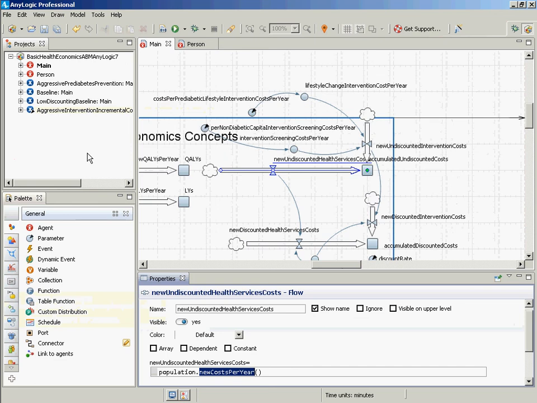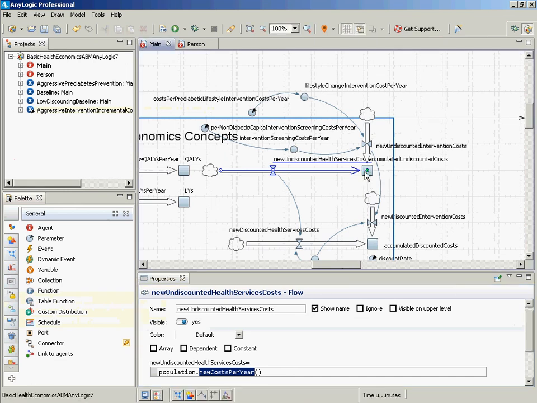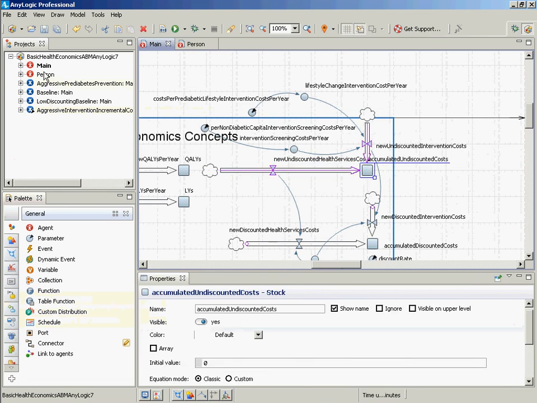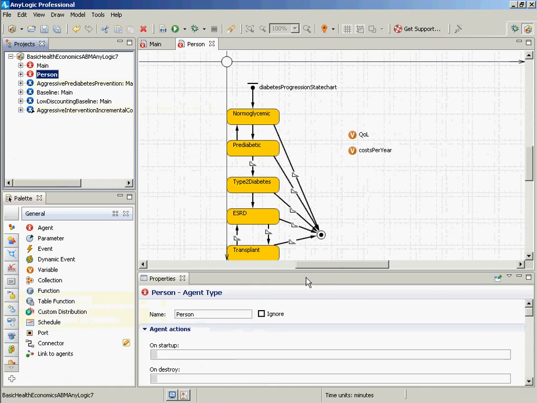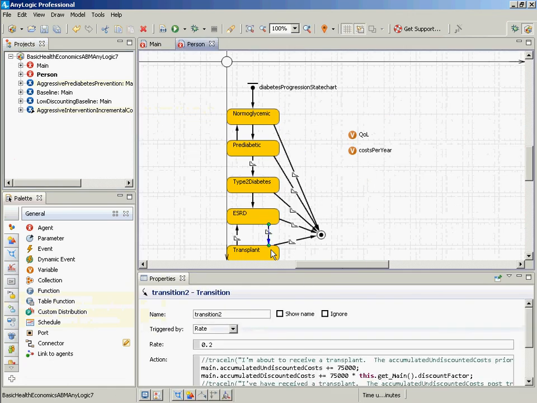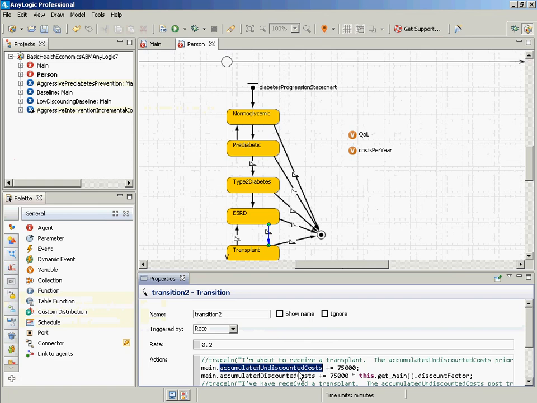And then the other element of how this model is changed is we have over here a stock, accumulated undiscounted costs, and that's not only affected by those costs per year, it's integrated up over time. It's affected in a direct way by incrementing it when an event takes place. A conceptually, essentially instantaneous event, as it's treated here, like a transplant, directly increments that cost because it's not a per year cost, it's an added cost of $75,000.